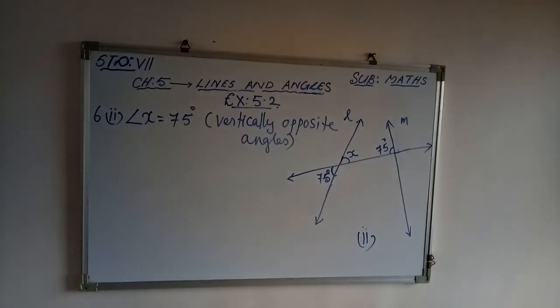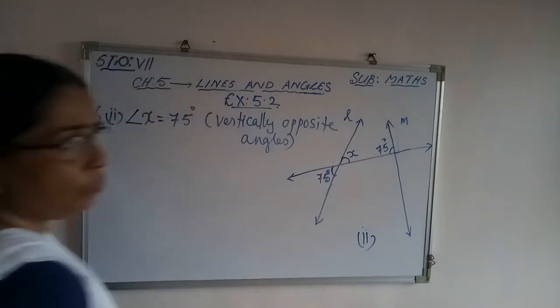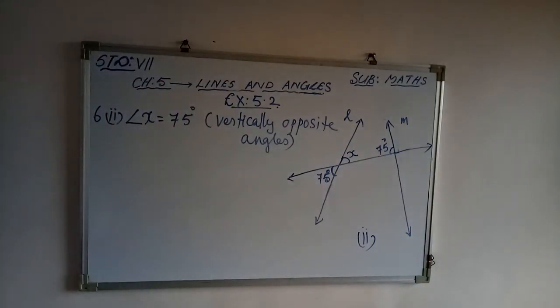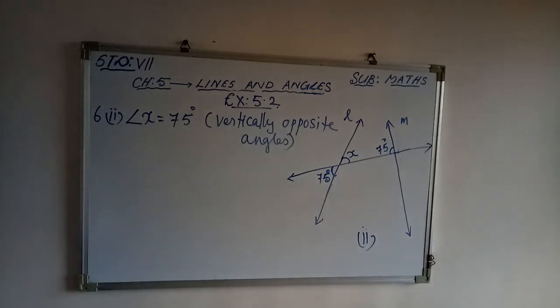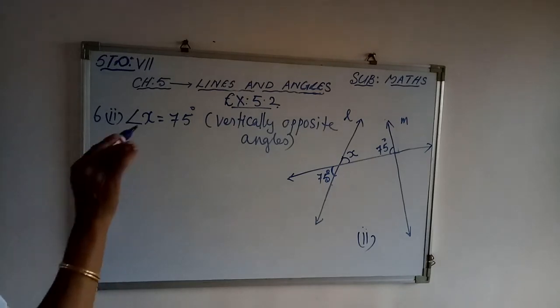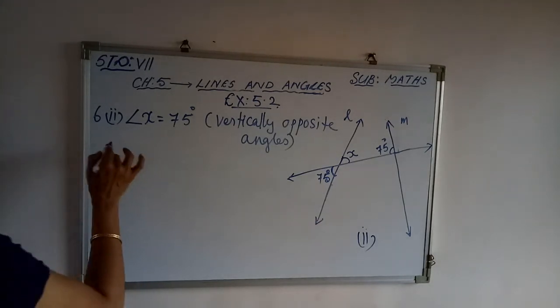Now, what about this X and 75? They are the interior angles on the same side of the transversal. And if you get the sum of these two angles as 180 degree, we can say the two lines are parallel.